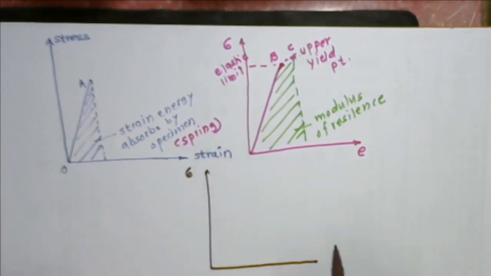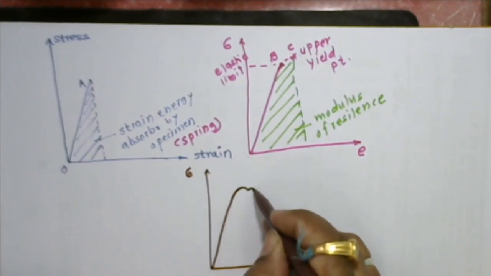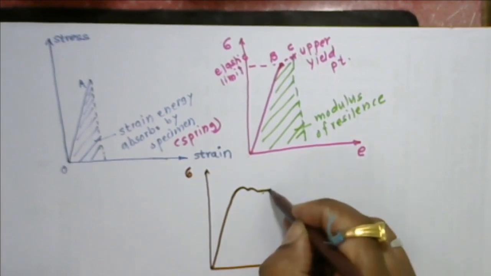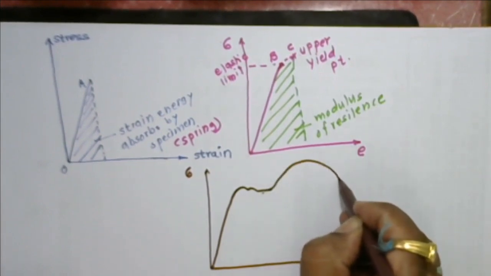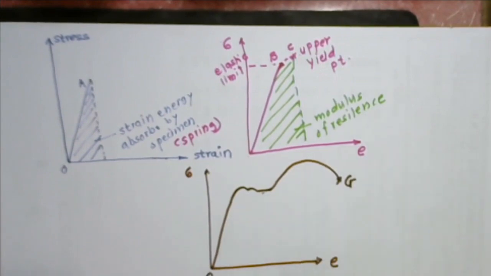And after this, again here stress, this strain, we have seen this diagram A, B, C, this D, E, then it goes to F and lastly G, O to G points.